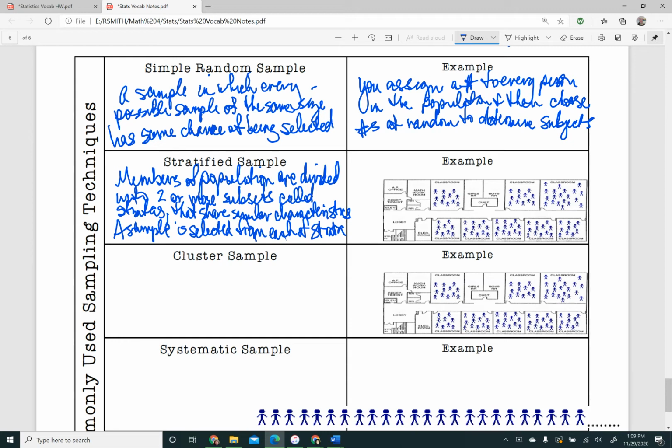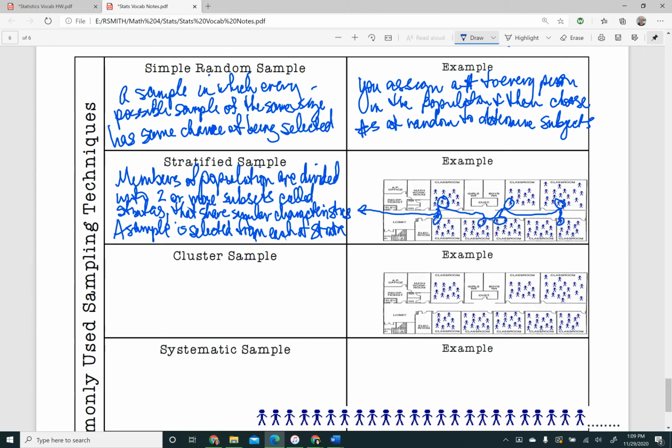And then to pull a sample of the strata, you might pull two from here and one from here and two from here and one from here and two from here and one from here. And all of these are pulled and included in your sample. So that would be your stratified sample.